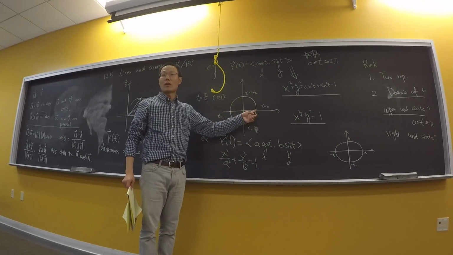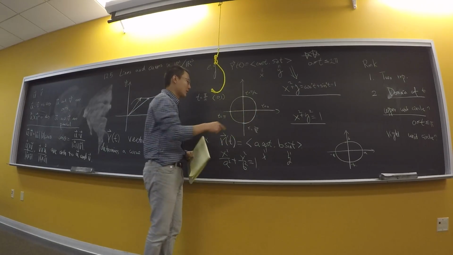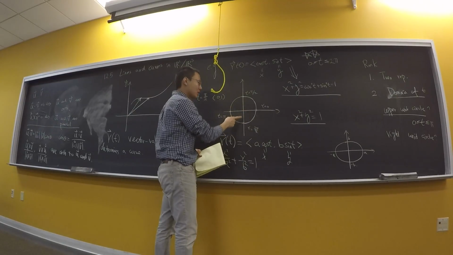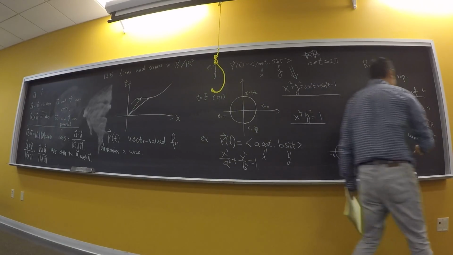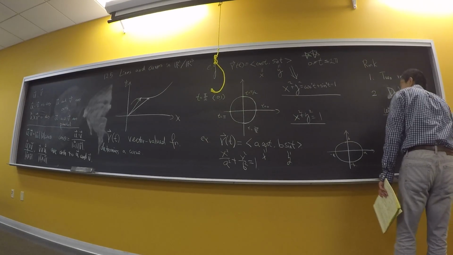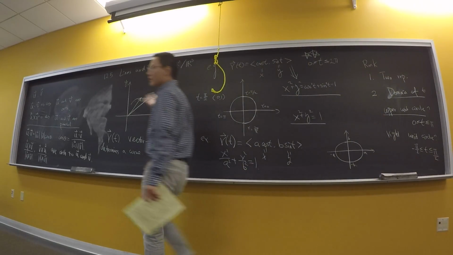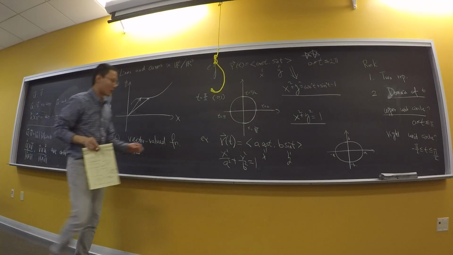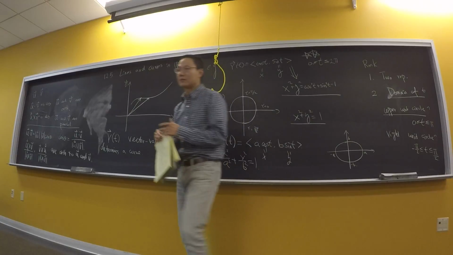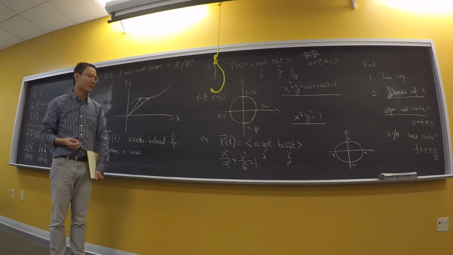But if you only want one domain for your parameter t, you can just go from minus pi over 2 to pi over 2. This will give you the whole right half of the unit circle. You can ask a whole bunch of similar questions, even for this ellipse as well. How about I want the upper half or right half? Same parametric equation, but you need to change the domain of the parameter.